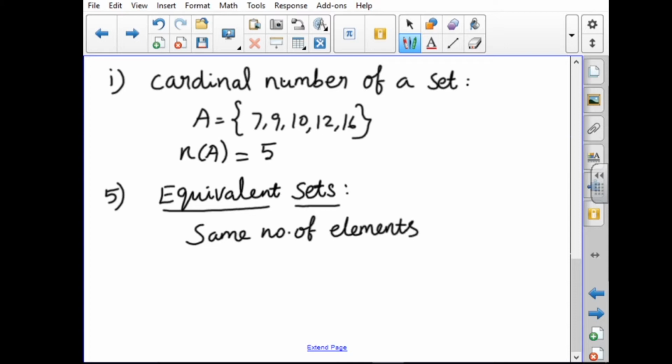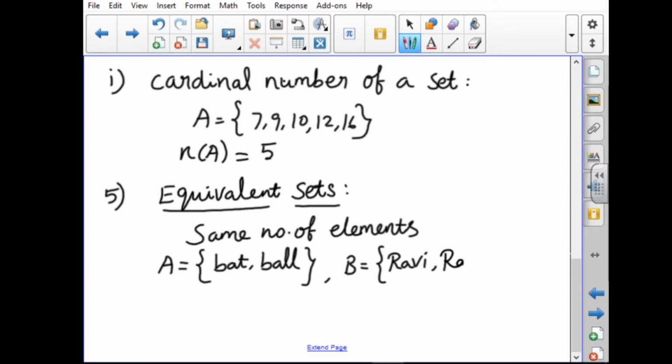For example, A is equal to bat and ball. Not only numbers, we can take any type of set. Then B is equal to some students' names, for example, Ravi and Raj.